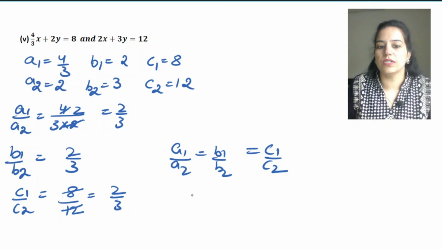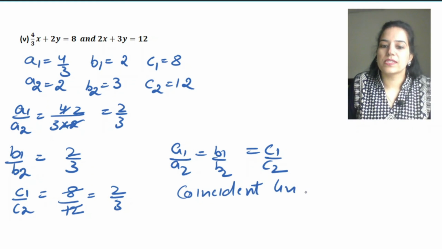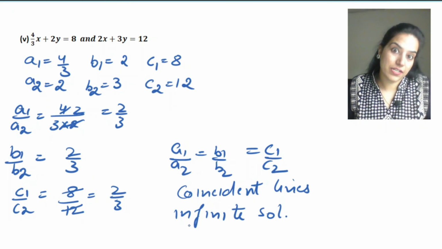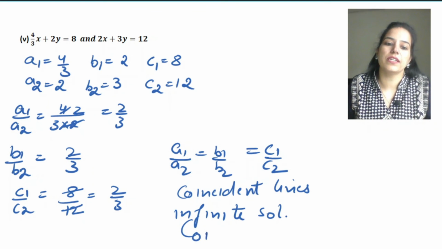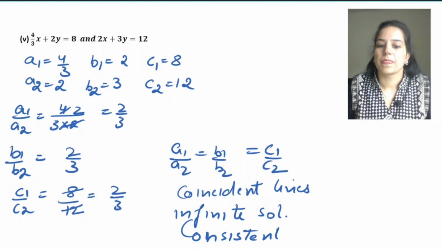All the three are equal. That means they are coincident lines. Coincident lines have infinite solutions, and there is a solution, whether it is unique or it is infinite. Hence we can say they are consistent, right?